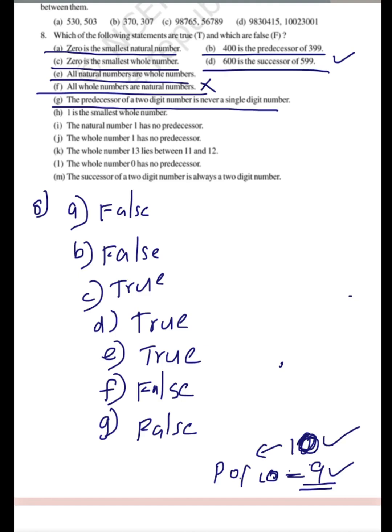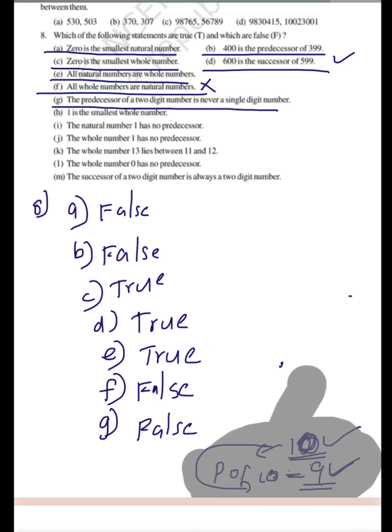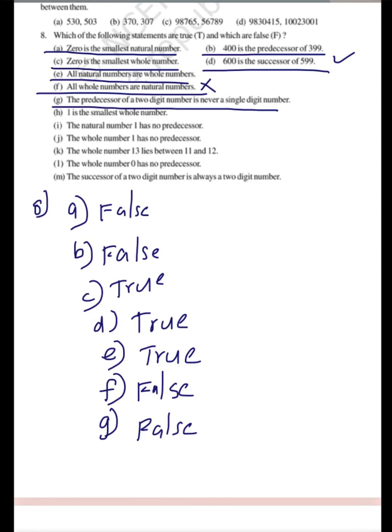So the predecessor of a two-digit number here is a one-digit number. The question says it is never a single-digit number, so that is false, because 10 is a two-digit number but we got a single-digit predecessor. So statement G is false.